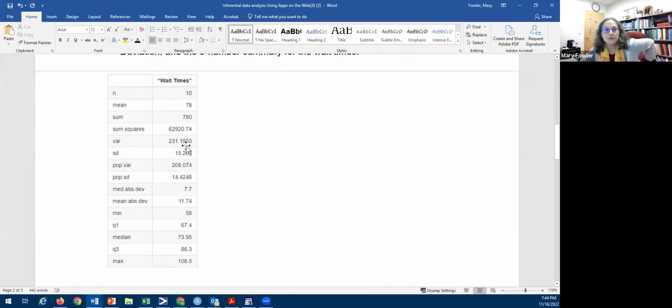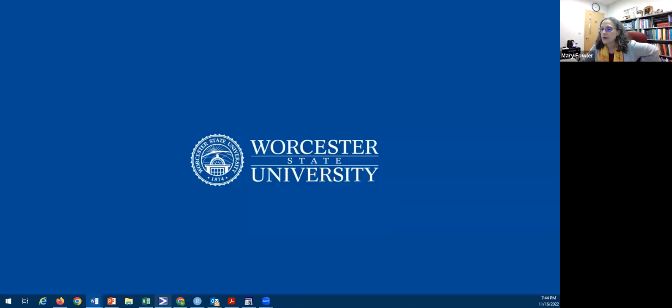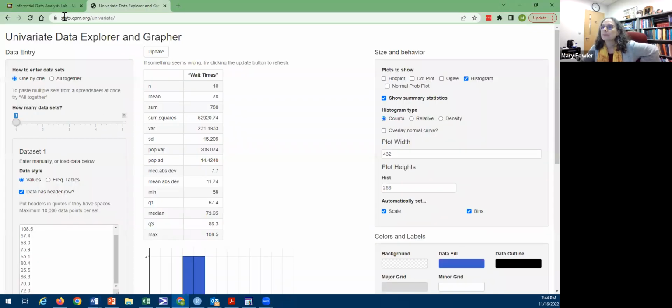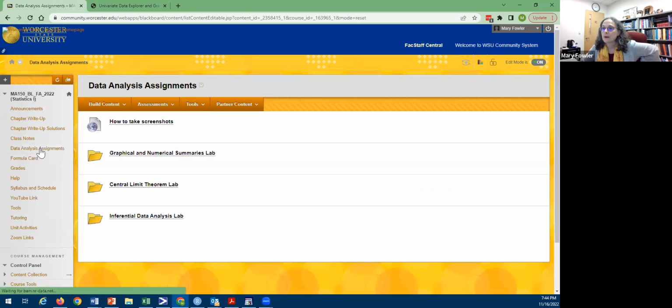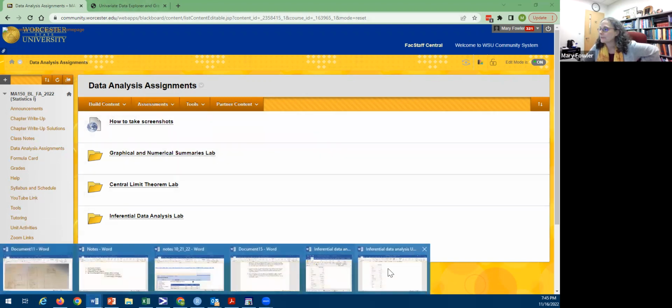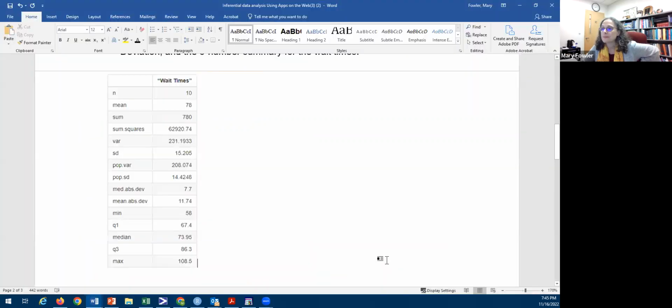If you have questions about how to print the screen, how to take screenshots, that screen capture that I just did, it's in the data analysis assignment content area. So clicking there, just to remind you if you need that. Okay, let's go back to our Word document.